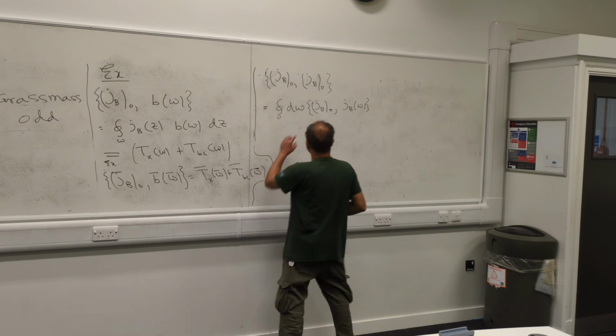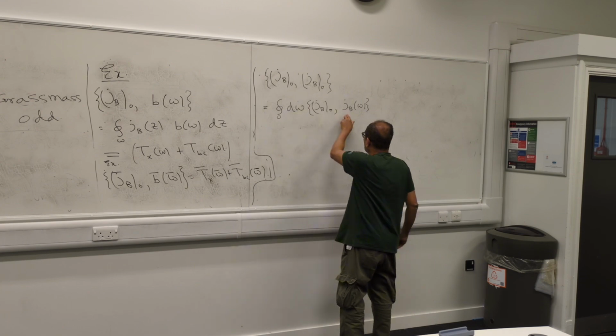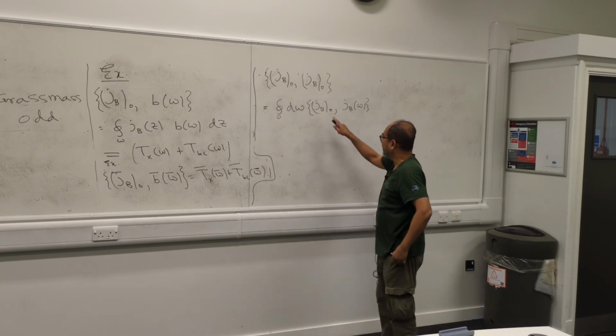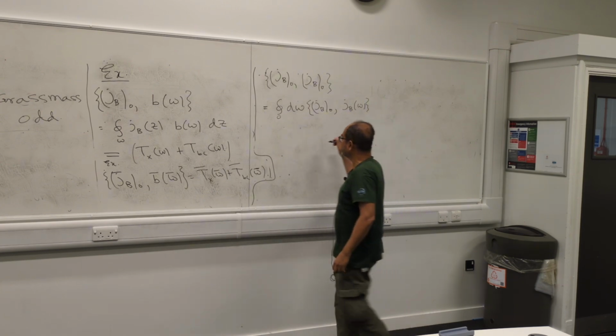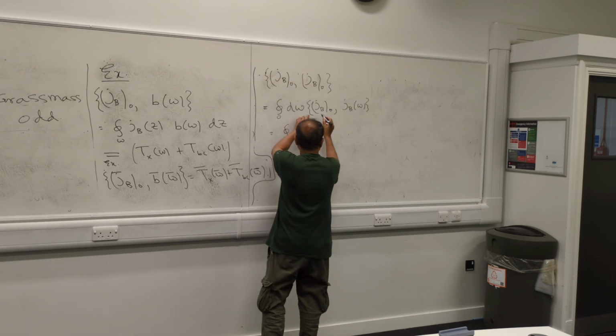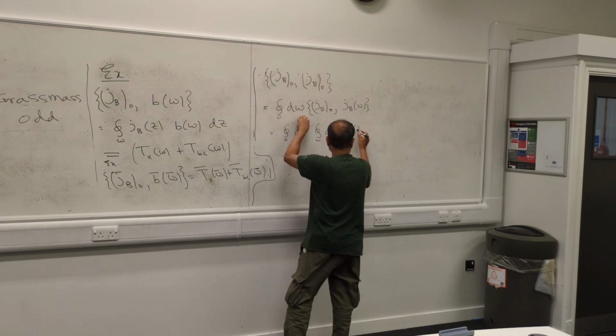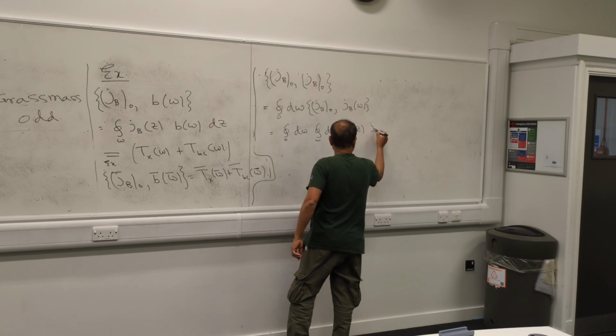All I have done here is that I have replaced J_B(0) as integral over w around 0 of J_B(w), and now I am going to use this as integral over 0 dw. Now this commutator will become integral dz J_B(z) J_B(w).